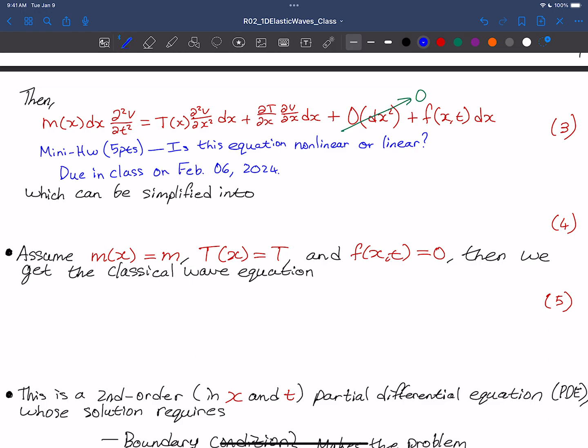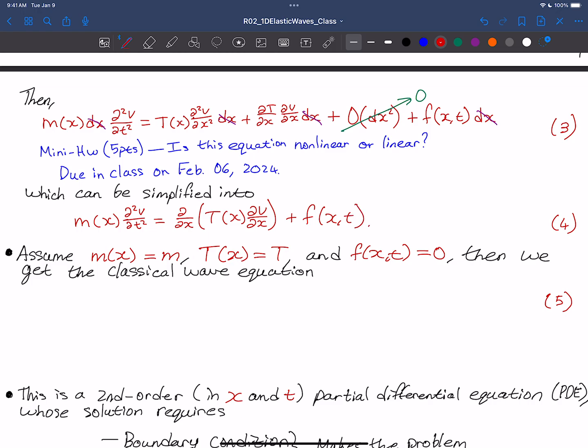Okay. So then, as I was saying, we can now actually cancel out all of these dx terms. And then we're left with the following: m of x times partial squared v over partial t squared is equal to, in fact, we can pull out a partial derivative, so partial over partial x times the quantity t of x times partial v over partial x, closing that quantity, plus the external force f of x comma t.